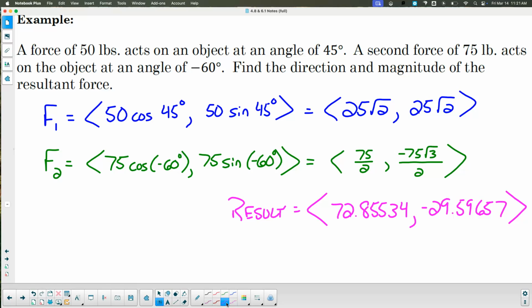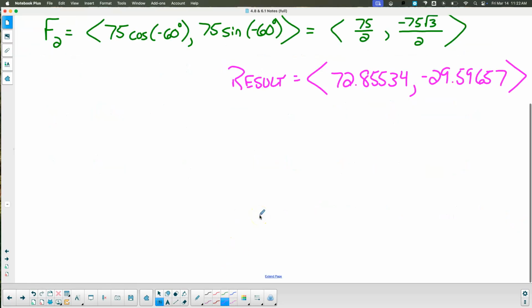Okay. Now I need the direction and the magnitude of that. How am I going to find those? Inverse tangent, drop the signs.